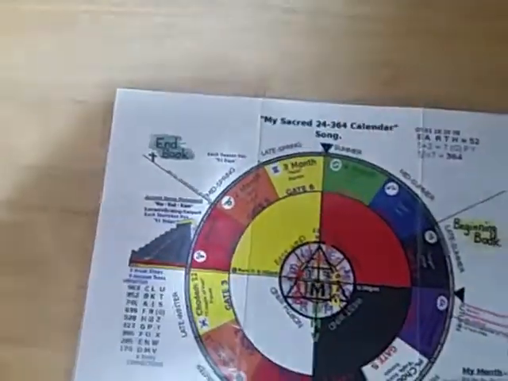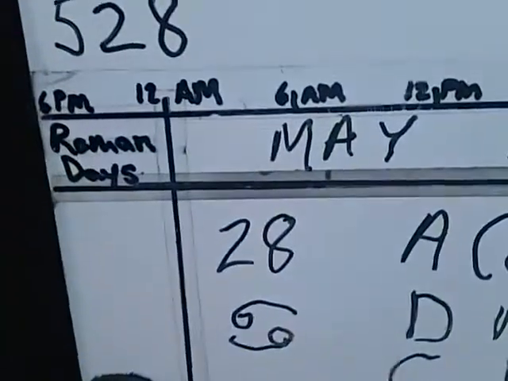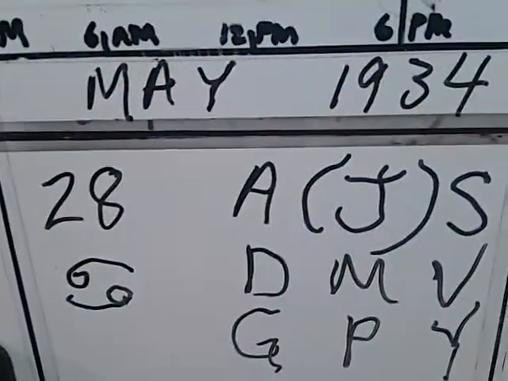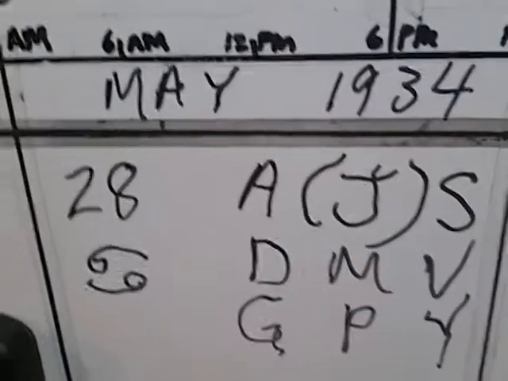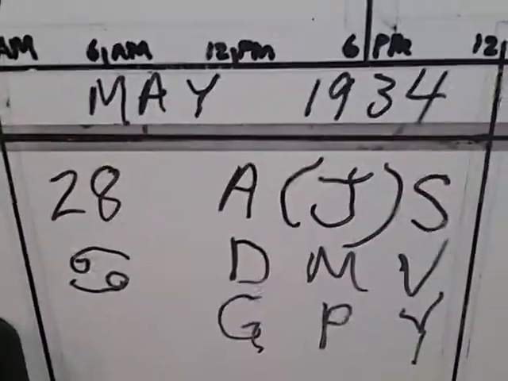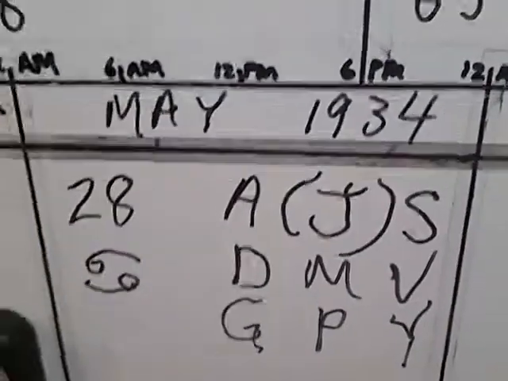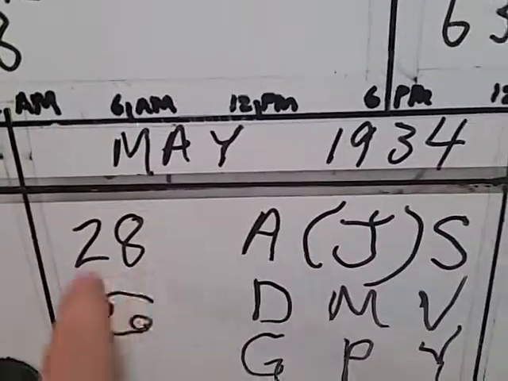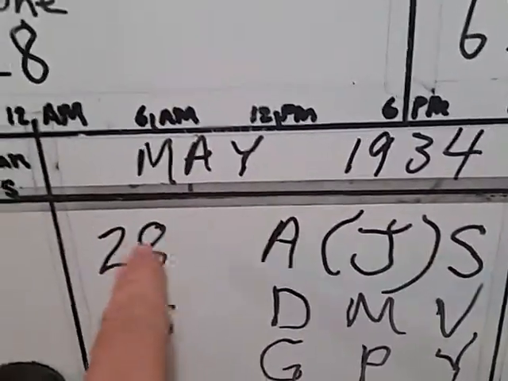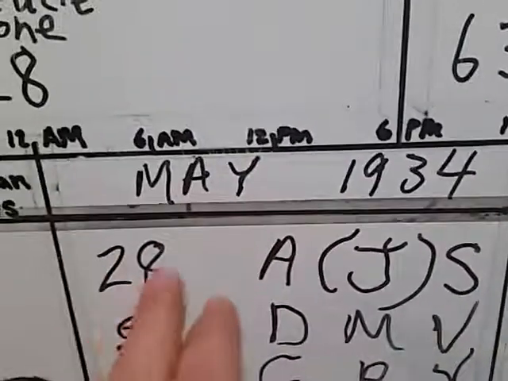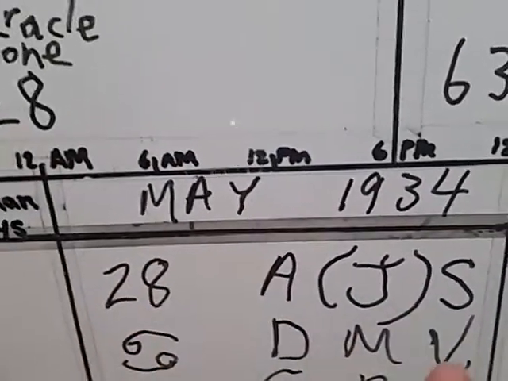Okay, now, the first thing I want to show you is May 28th, 1934. Okay, you see the J is bracketed. That's because we don't have 28 characters in our alphabet, so we have to add these two together to reduce.